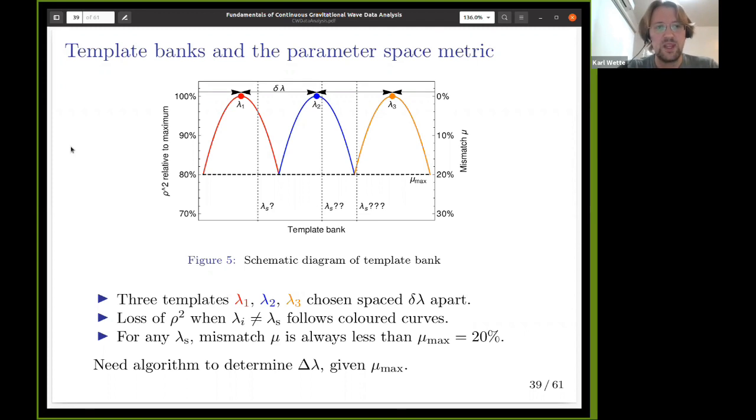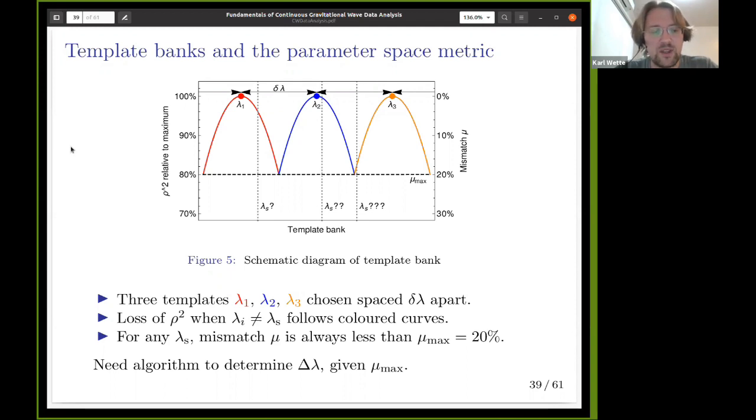So if you follow the red line, as that falls towards 20%, then they get picked up by the blue line, and then by the orange line. So we've constructed this template bank, by choosing our delta lambda, in such a way that our mismatch is always less than 20%. So it doesn't matter where the signal is, we'll always recover it with that amount of mismatch.